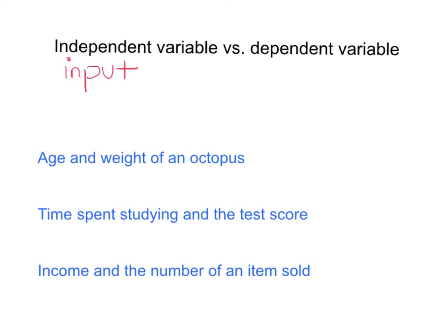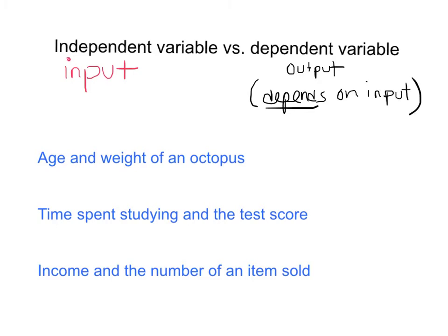But once the function machine takes effect, my output depends on the input. So I call the output the dependent variable, because it'll always reflect back to the independent variable.